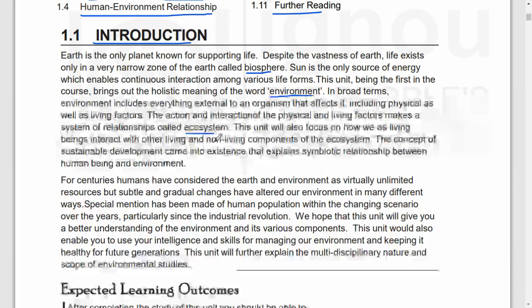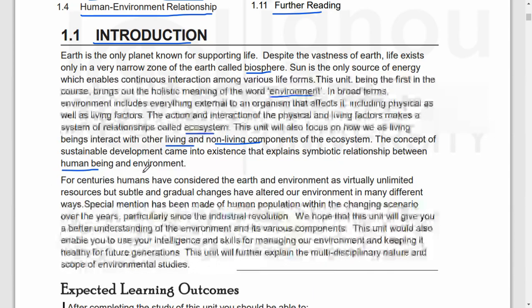This unit also will focus on how we as living beings interact with other living and non-living components of the ecosystem. The concept of sustainable development came into existence that explains the symbiotic relationship between human beings and environment.